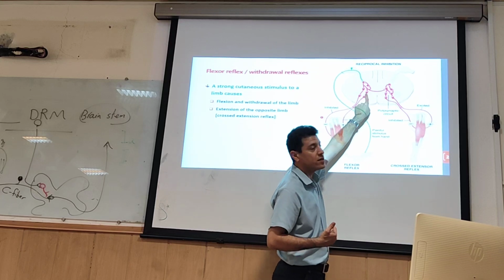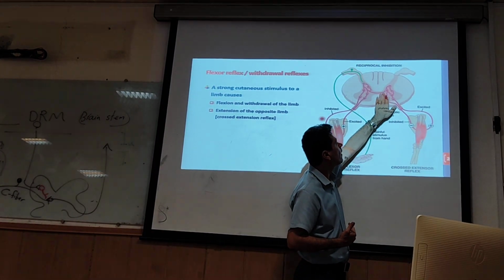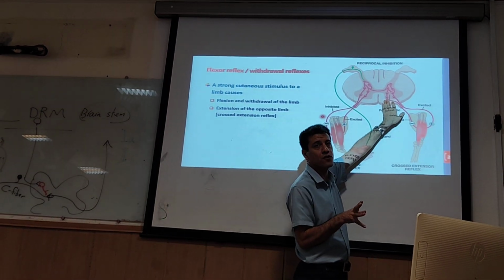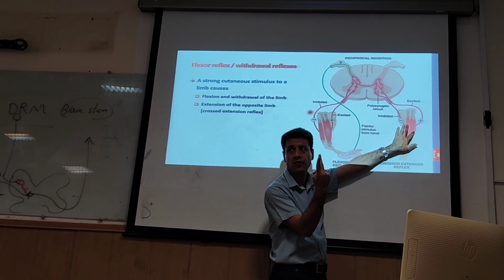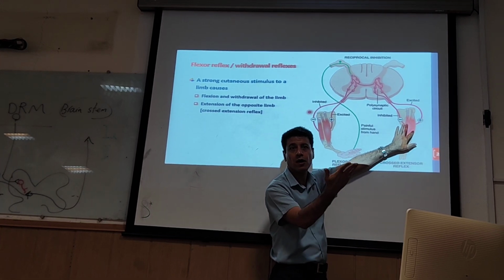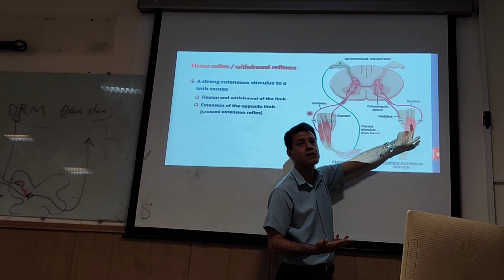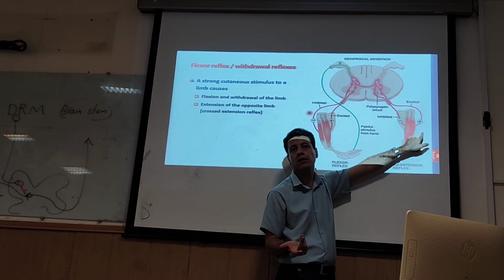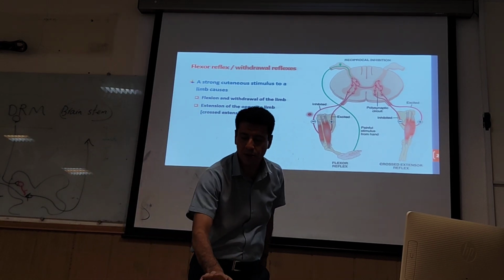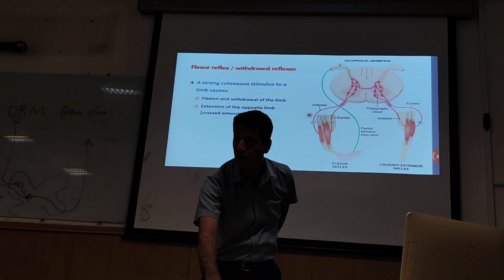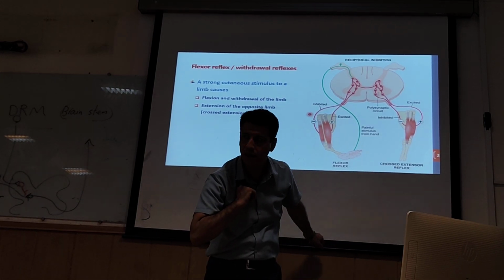Some of the interneurons go to the opposite side. In the opposite side, they activate another population of interneurons and make a reverse pattern of activity in the opposite arm. So the flexor is relaxed, the extensor continues. So this hand touches the object which is painful. We have flexion here, extension in the other arm.